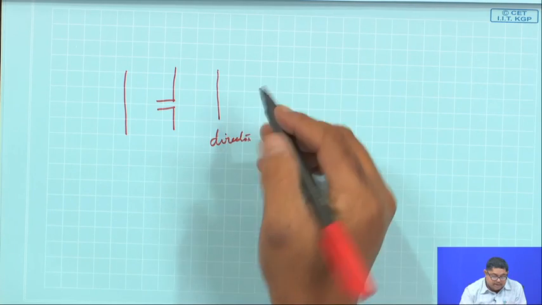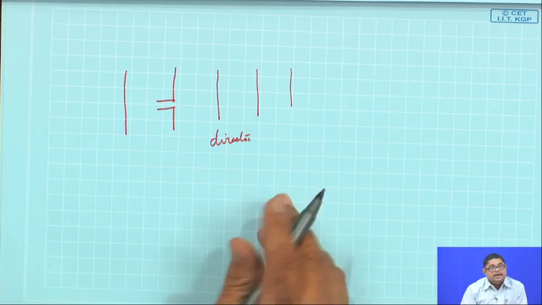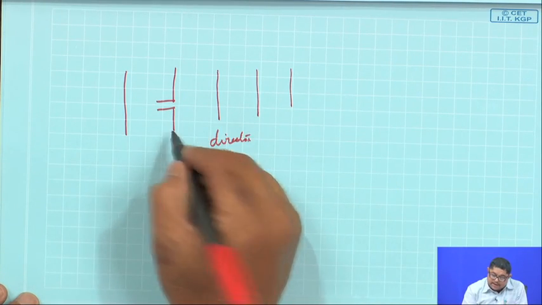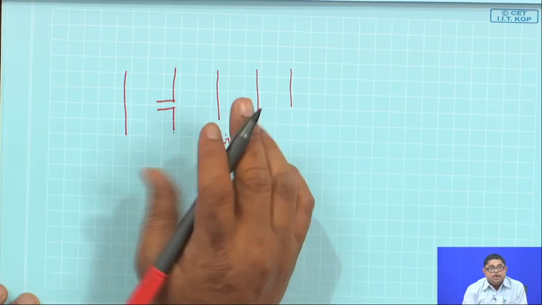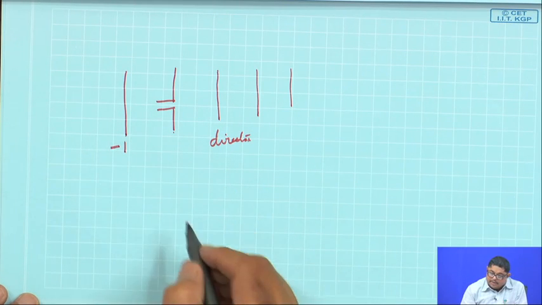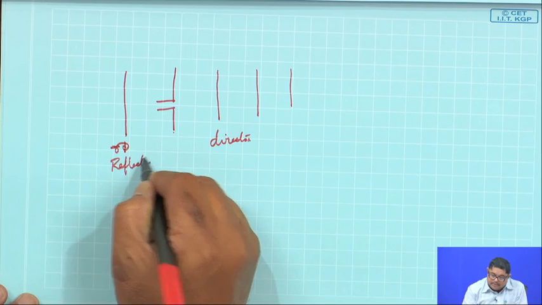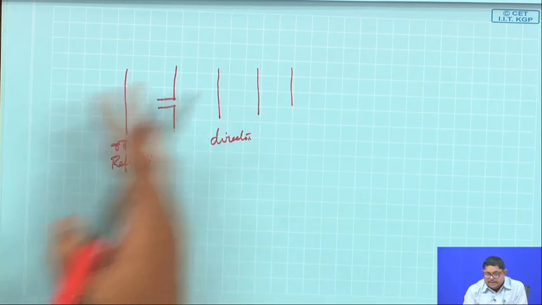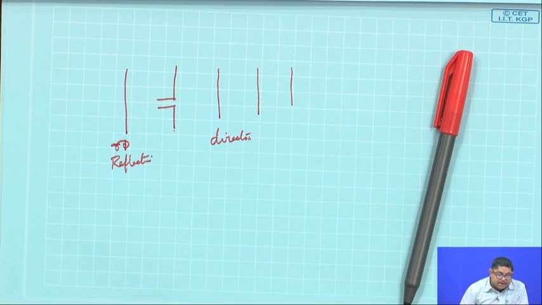People may take several of these elements, and even their sizes may vary. This one is the driven element, a lambda by 2 dipole, and this is called the reflector. So, this reflector suppresses the radiation on the back side, and these directors improve the forward radiation.